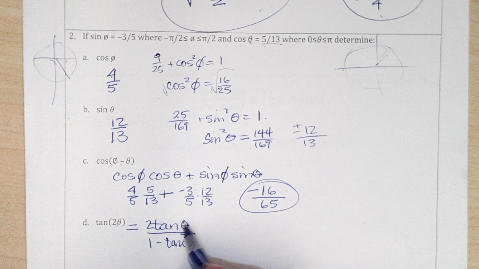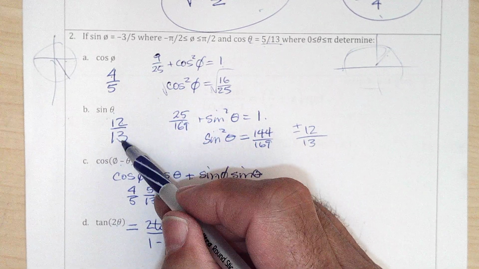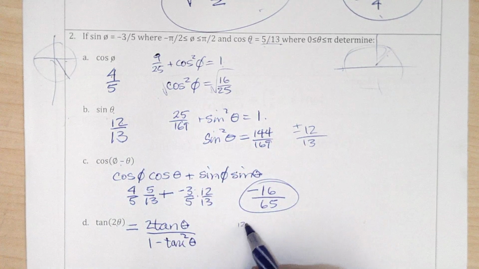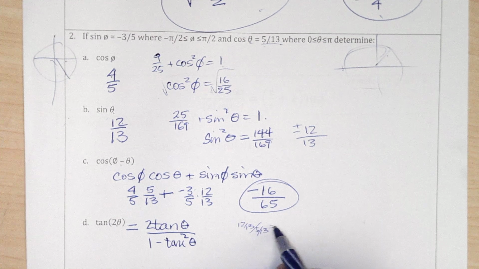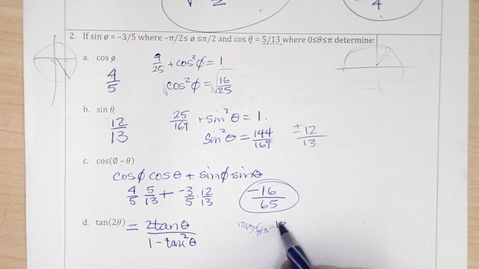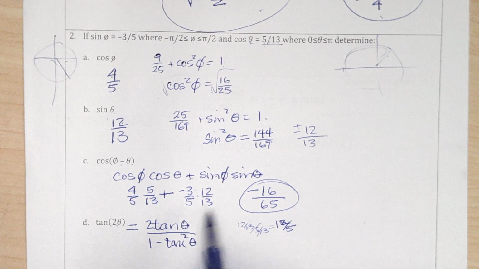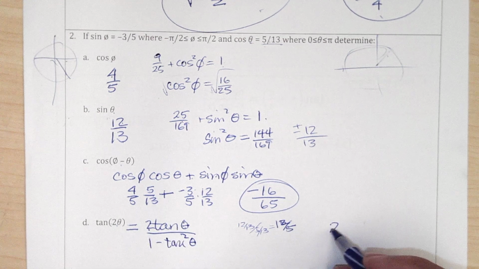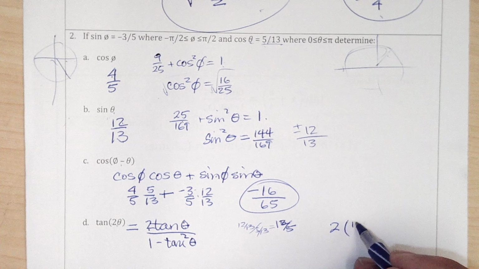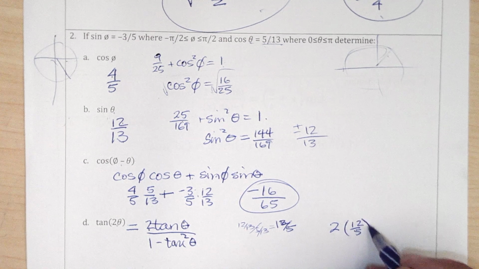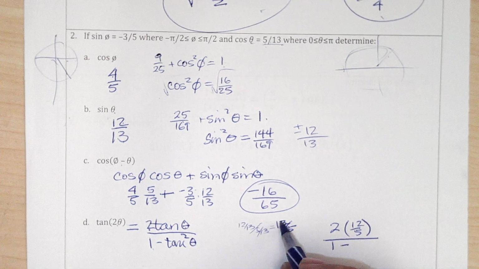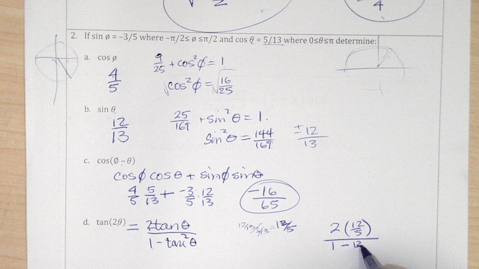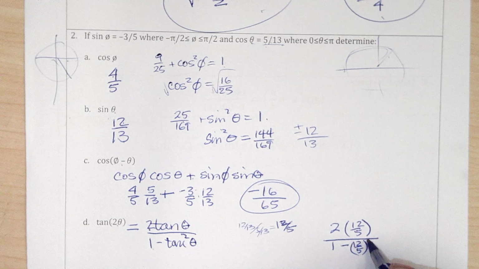And the tangent of theta is sine, 12/13, divided by cosine, which is 5/13, which reduces to 12/5. So we get 2 times 12/5 over 1 minus 12/5 squared.